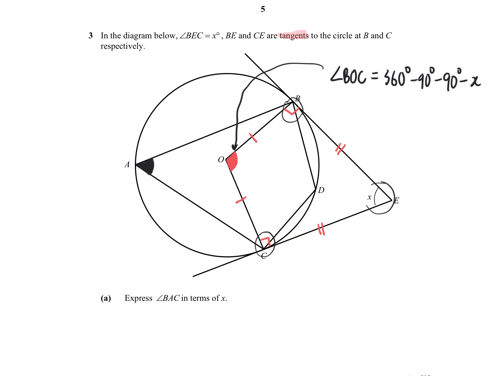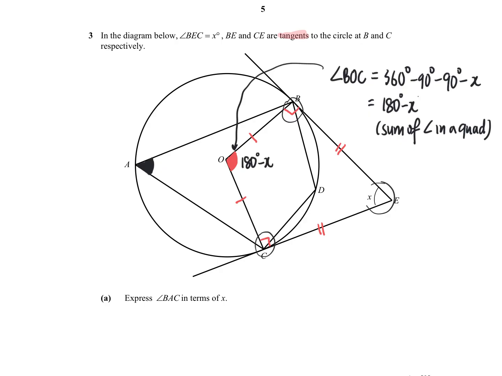Because sum of angles in a quadrilateral is always 360. Any four-sided figure is 360. So you will get 180 minus x. So this is sum of angles in a quadrilateral. I will always write the reason because sometimes question will ask you to state the reason. Okay, so now I know this is 180 minus x.